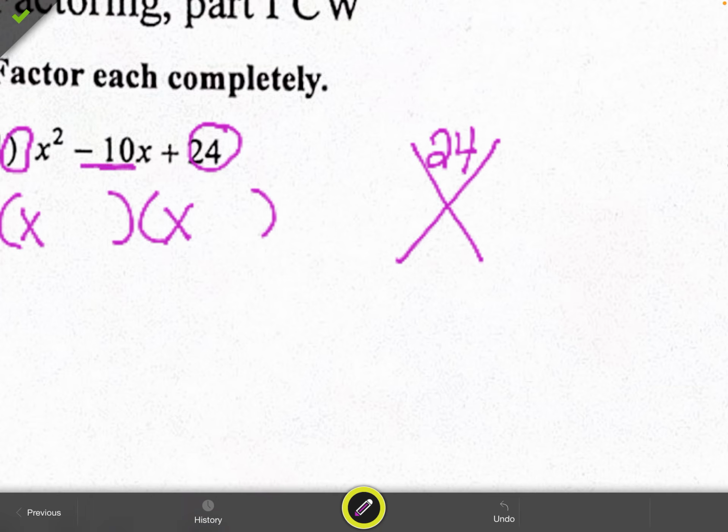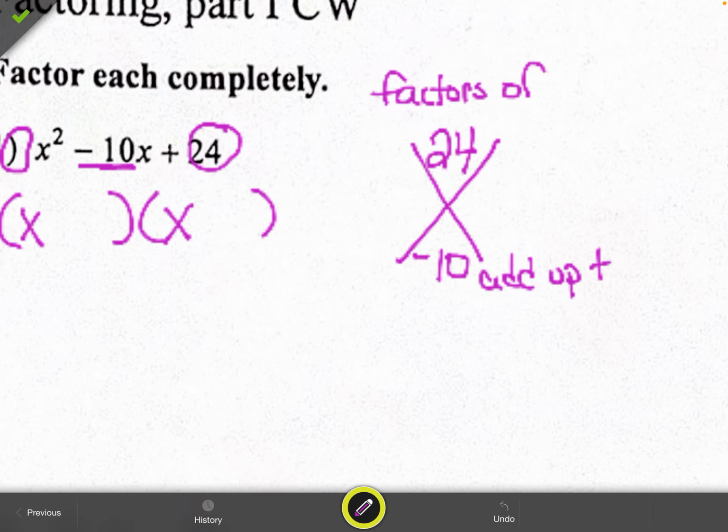But don't lose the minus sign right here, otherwise it's not going to work. So factors of 24 that add up to negative 10. Right now, you might want to write factors of, add up to, just so you know exactly what you're looking for.